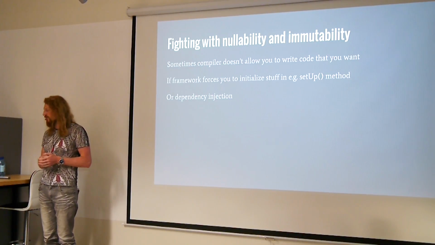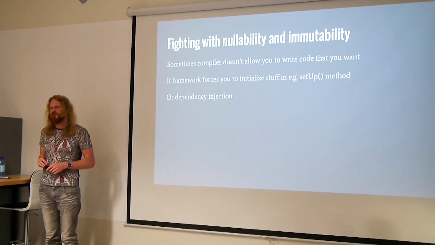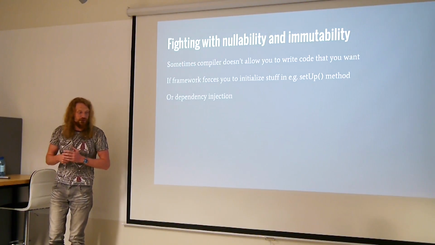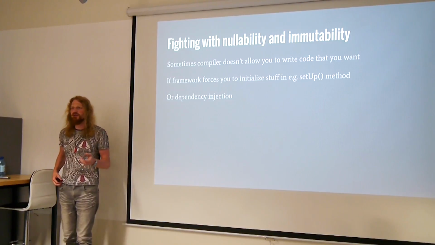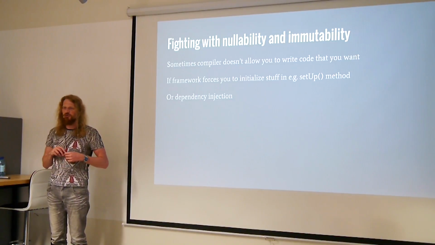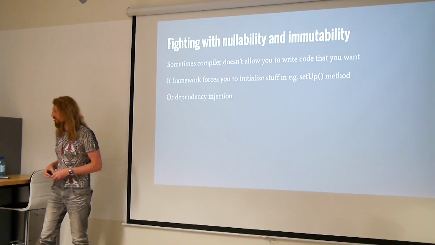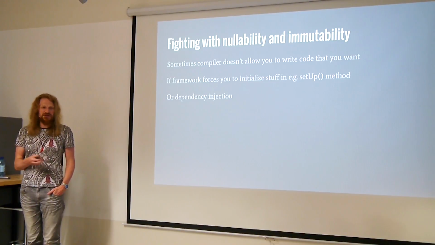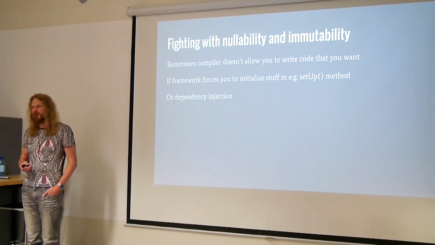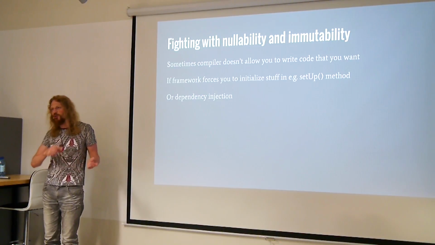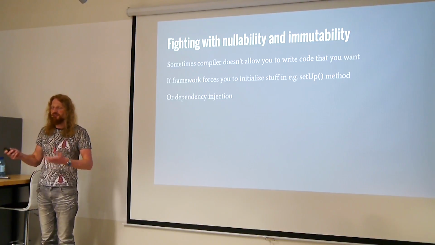So many things broke that they decided to keep it that way. They also told us that probably they will introduce something in the future, like an annotation, like all-open or something, that you can put on a class and it will have everything open by default. So this is how they may fix it in the future. For now there is a minor inconvenience: when you mock something, the code will not work at first, and you need to go to the methods, declare them open, and then it will work.